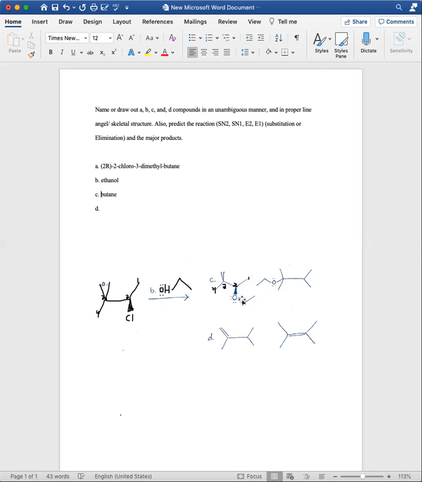So we have butane, which was the 4 carbon chain, and then we have to look at the substituents. Always, don't forget, always write the substituents in alphabetical order.